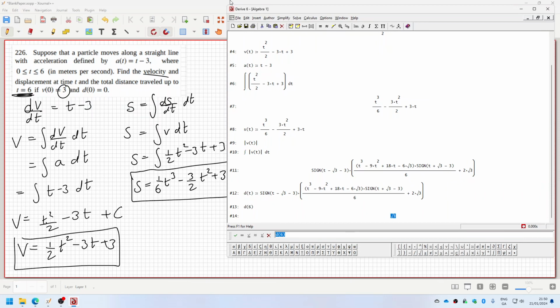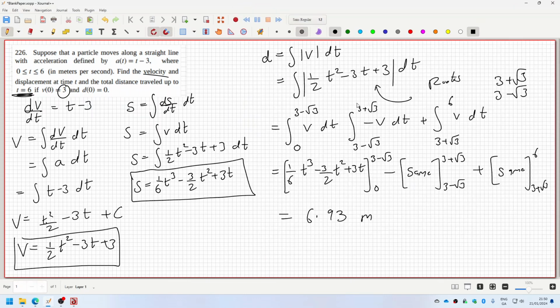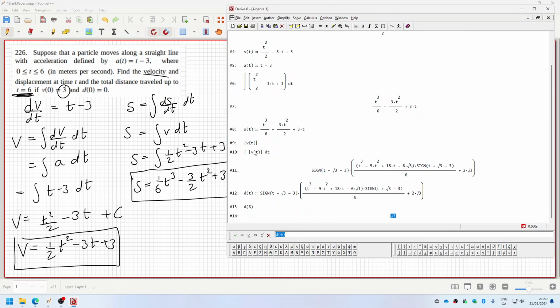So I must have typed in something wrong on my calculator. Or I typed in something wrong here. Where's velocity now?